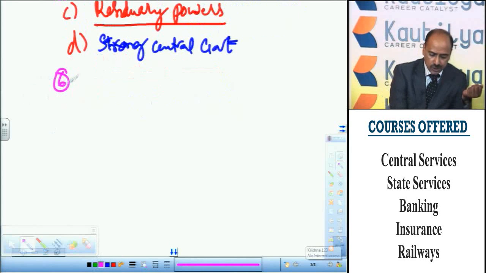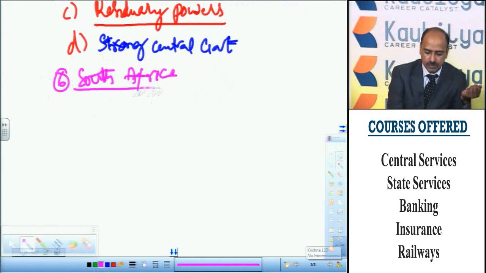Next source is South Africa. The main concept borrowed from South Africa is the amendment procedure.